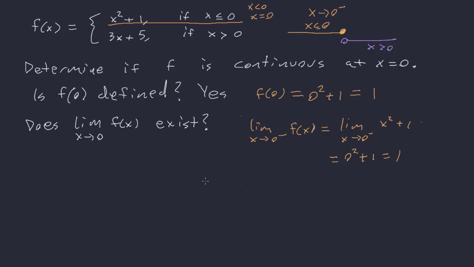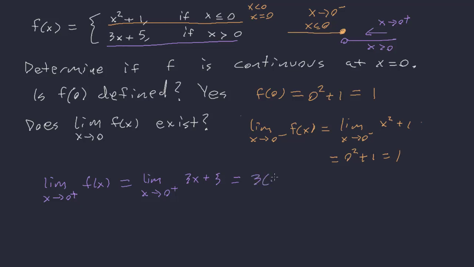Now, when we want to look at the limit as x goes to 0 from the right side, so that's here. This is x goes to 0 from the right. We'll use the purple piece, right? The piece when x is greater than 0. So the limit as x goes to 0 plus of f of x is going to be the limit as x goes to 0 from the right of 3x plus 5.